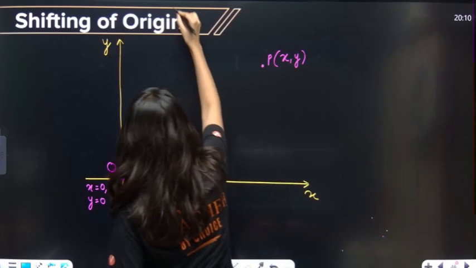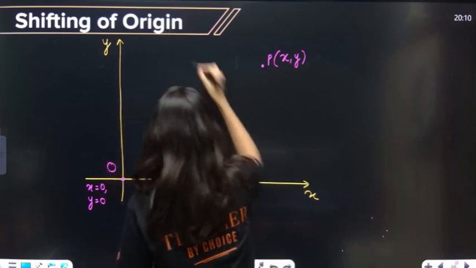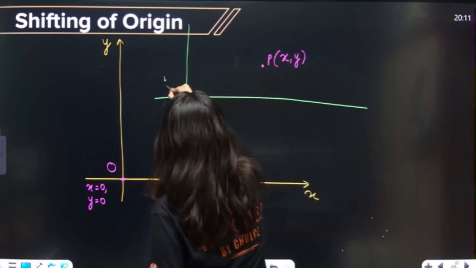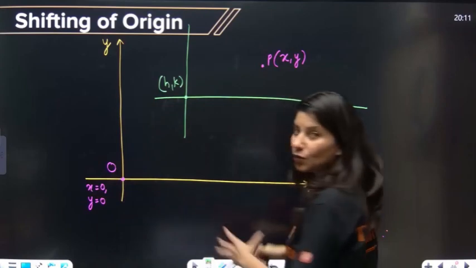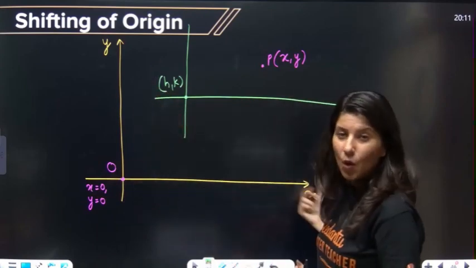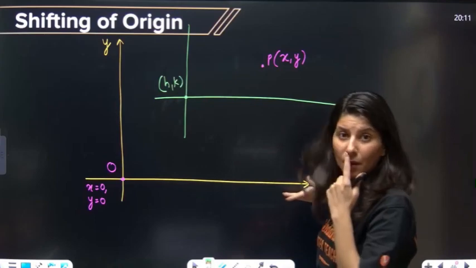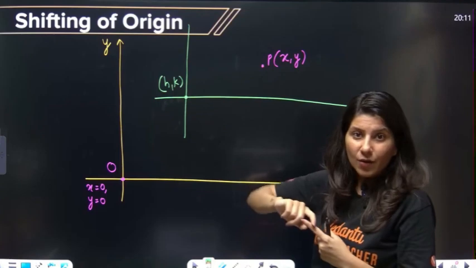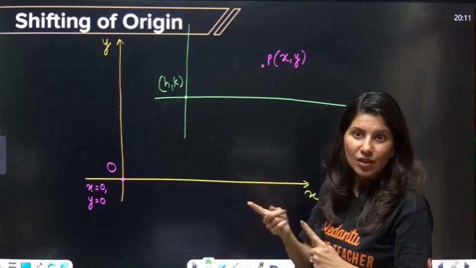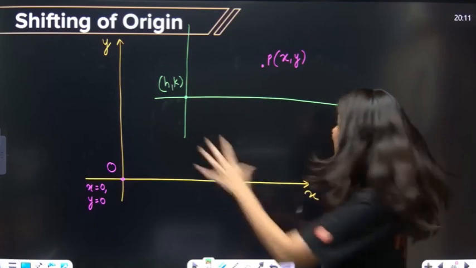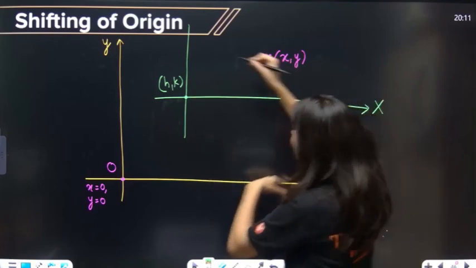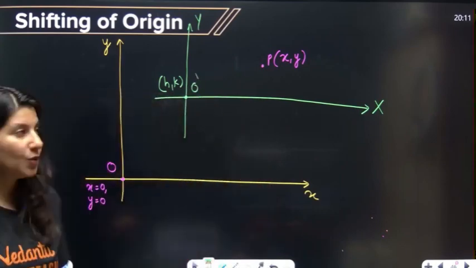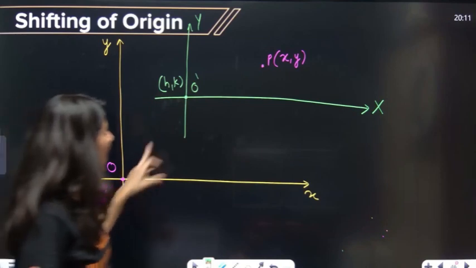Now your origin has been shifted. So if you shift your origin, then what will happen? This point over here is h comma k. That means with respect to your small x, small y, that is your old coordinate axis, you have h comma k. So small x is h, small y is k, and this over here is capital X, new axis, capital Y, and this is nothing but O dash, clear?